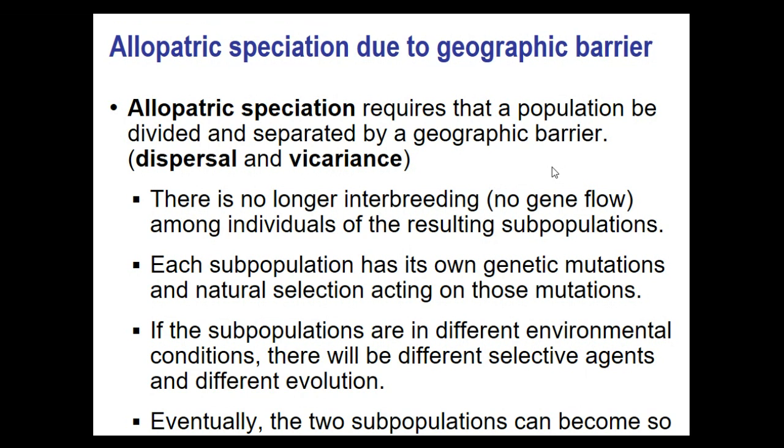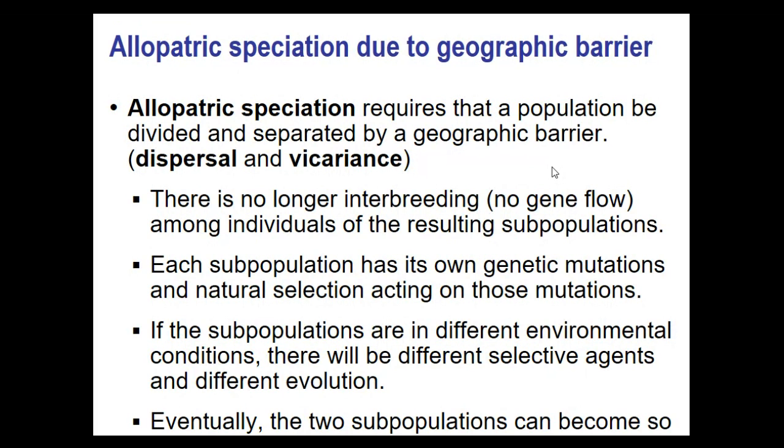For example, what if there was a population of, I don't know, mice, some kind of rodents living in this area, and then a river forms down the middle.